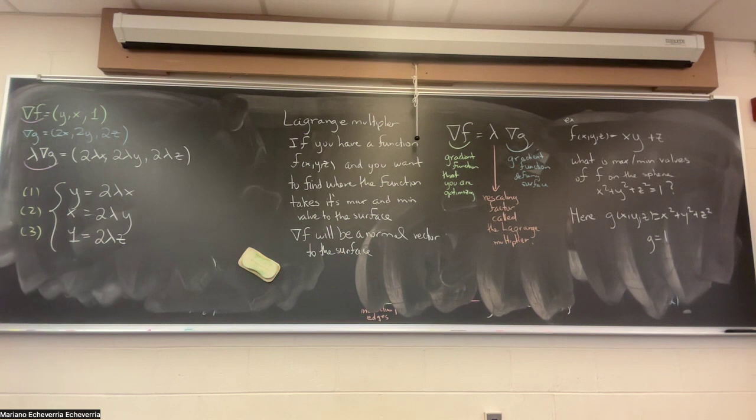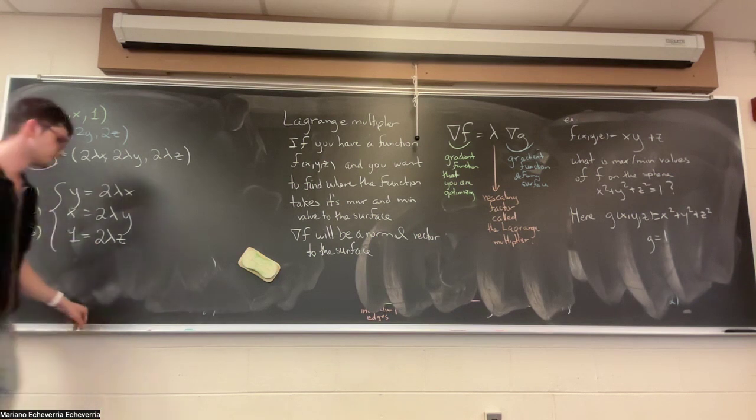There are a couple of alternatives. What seems a little easier in this particular system is that the first equation involves two variables, x and y, the second equation involves two variables, x and y, and only the third equation involves a single variable. So it's easier to start with that one.